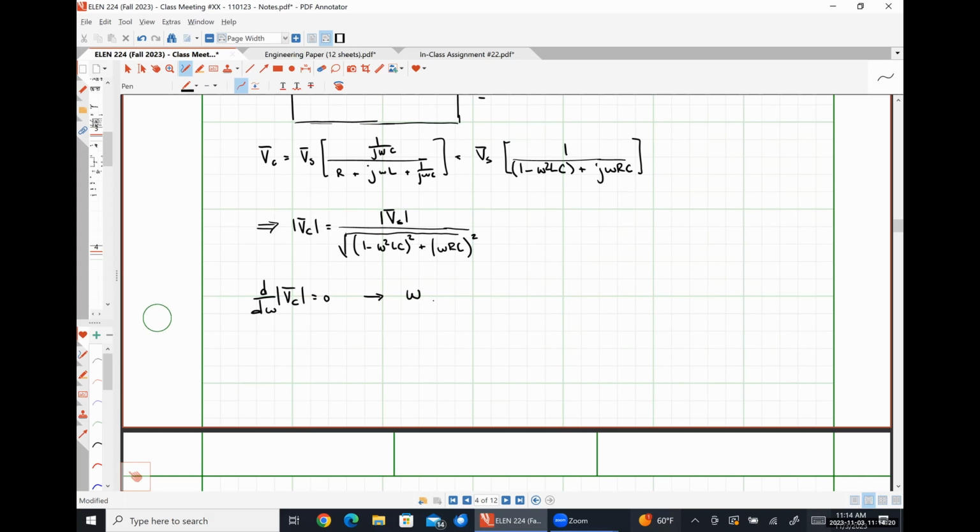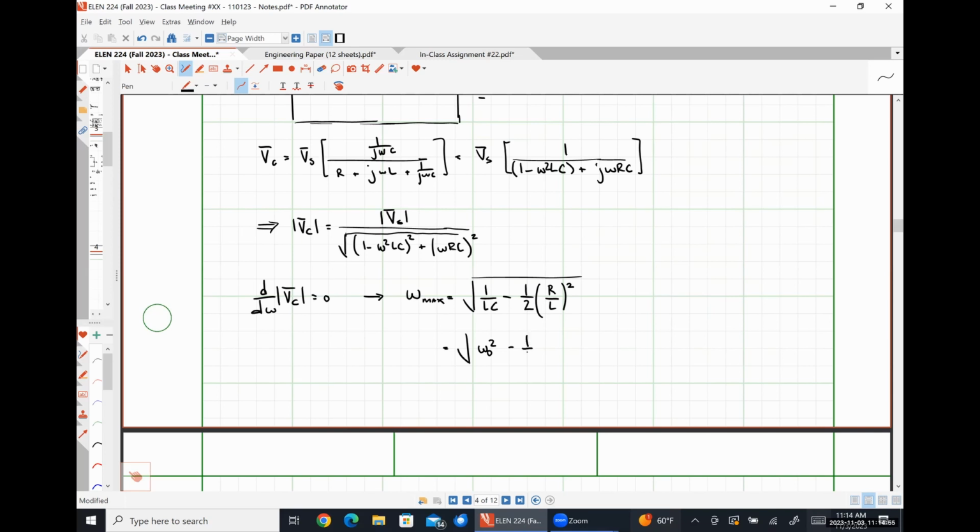solving this and trying to not bore you with the math, we would find that omega maximum, so the angular frequency at which VC is at its maximum, is given by the square root of 1 over LC minus 1/2 R over L quantity squared. Well, 1 over LC is nothing more than omega naught squared.